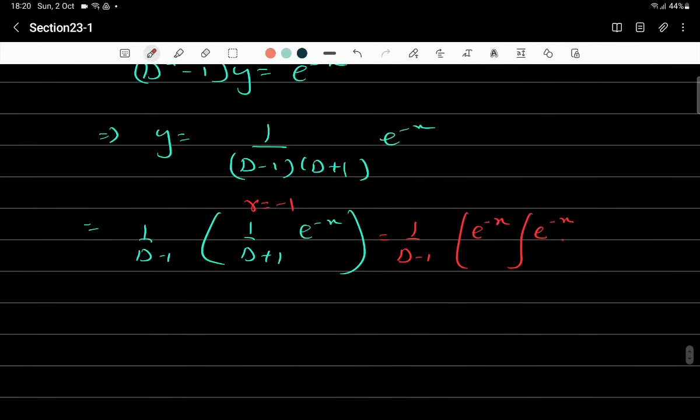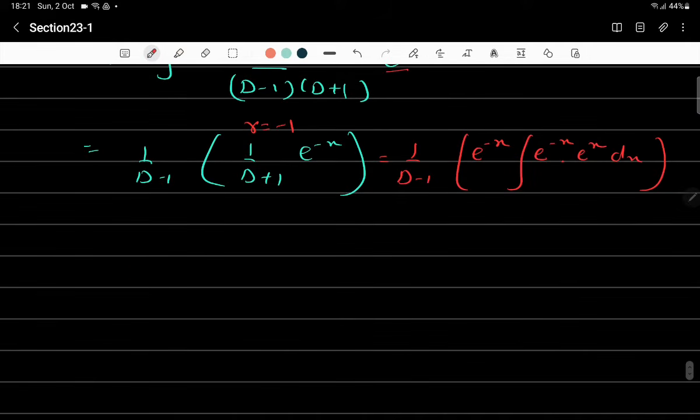So e raised to rx is e raised to the power x, and f of x is e raised to the power minus x and dx. I am simply using the formula.